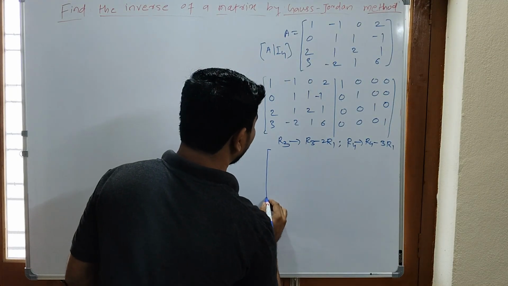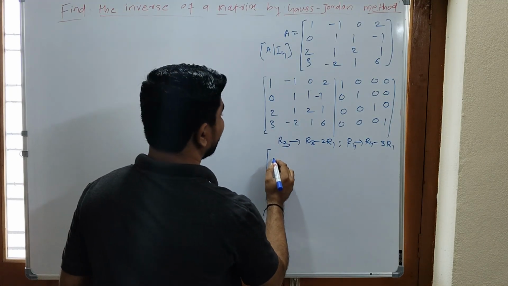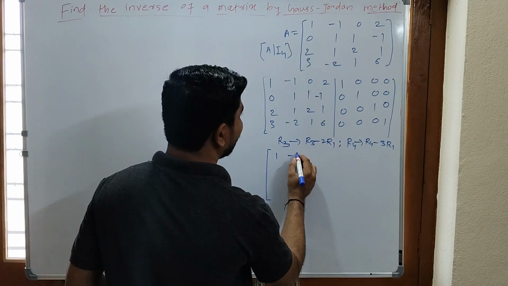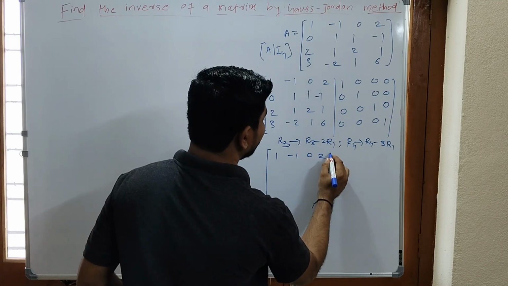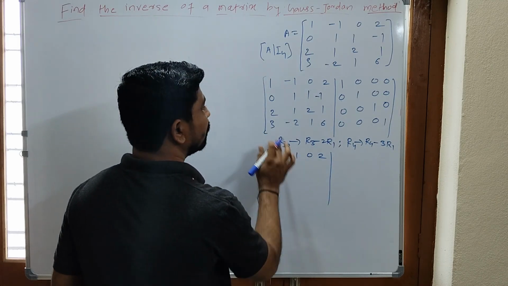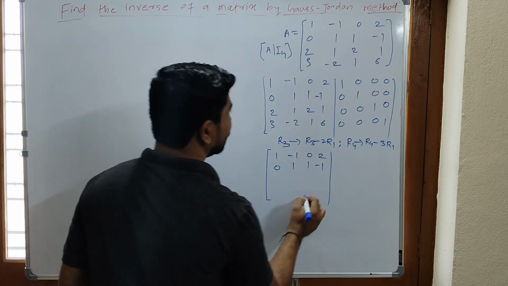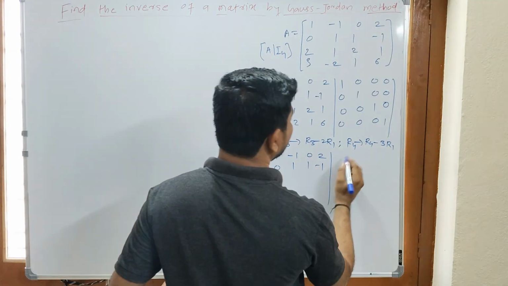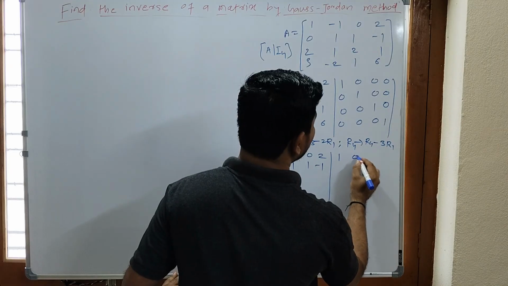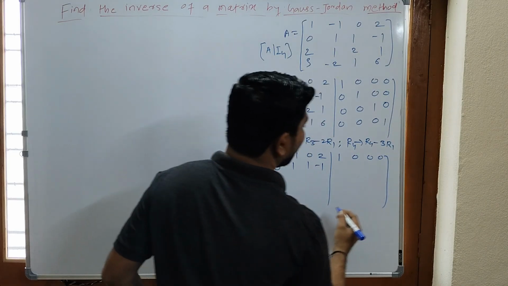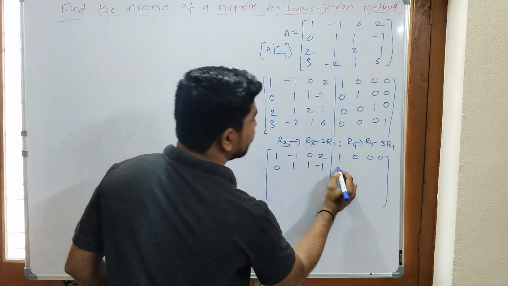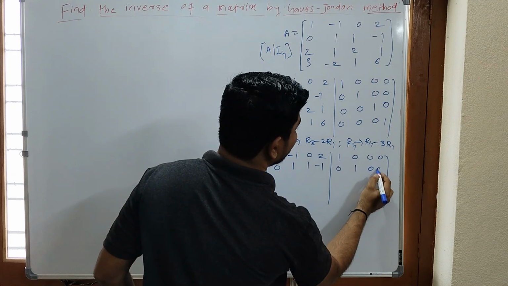So here I am applying the elementary operation. First row as it is, 1 minus 1 0 2. Second row as it is, 0 1 1 minus 1. ये भी फर्स्ट रो एज इट इज रहेगा, 1 0 0 0 और सेकंड रो भी एज इट इज रहेगा 0 1 0 0.